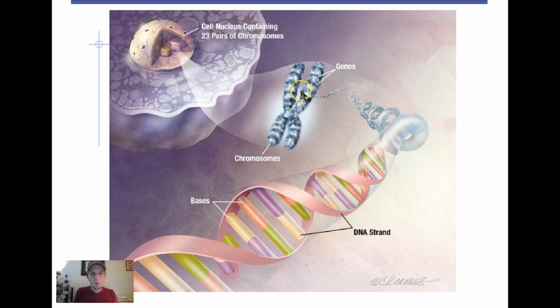If we blow up one of those chromosomes, they're very large, long, billions of base pairs long molecules, segments of which have genes on them. And a gene is what codes for an individual protein or a trait. So again, if we were to spread it out, you'd see that really the DNA strand is just really tightly coiled up.